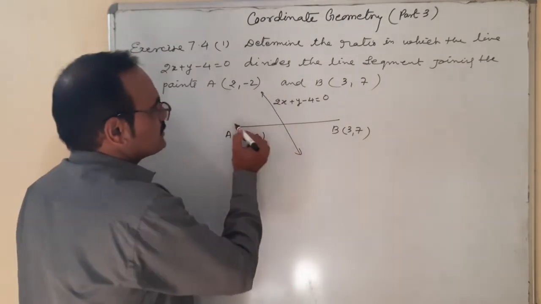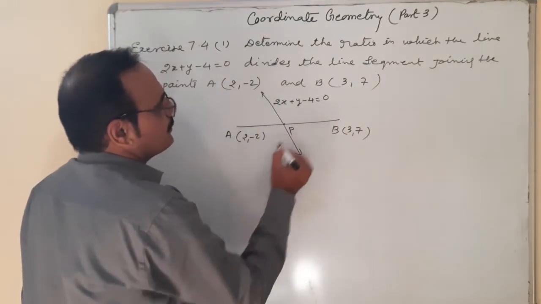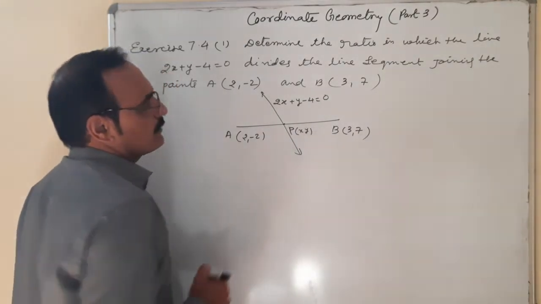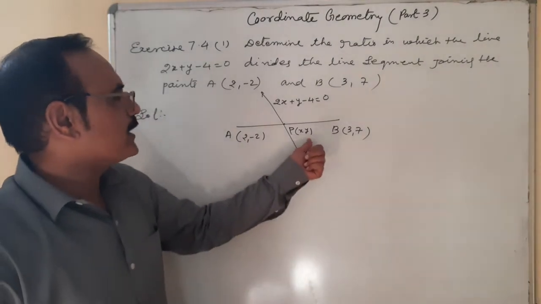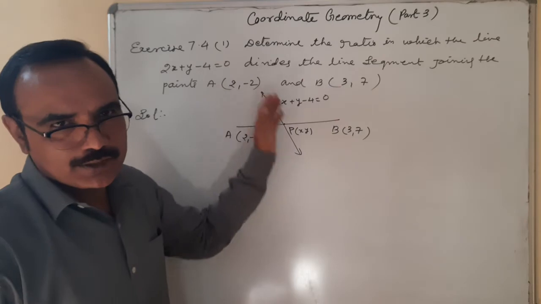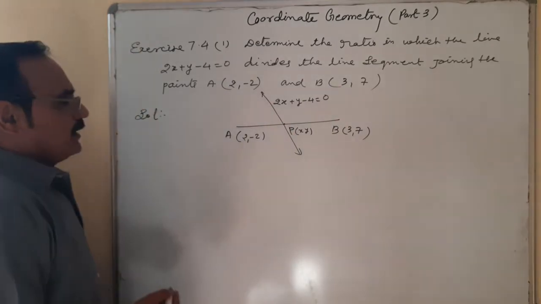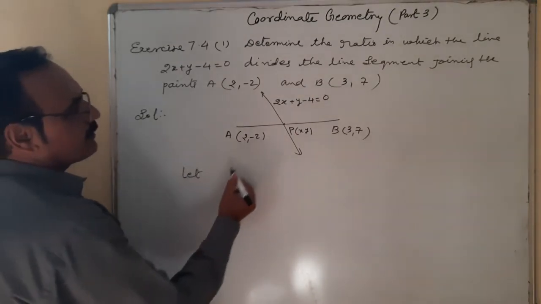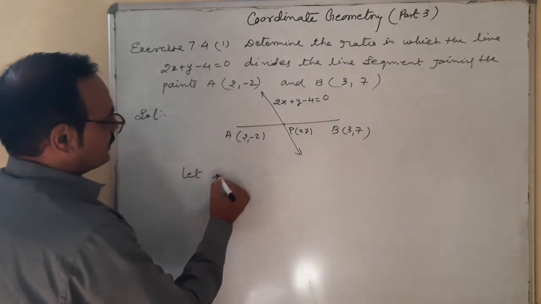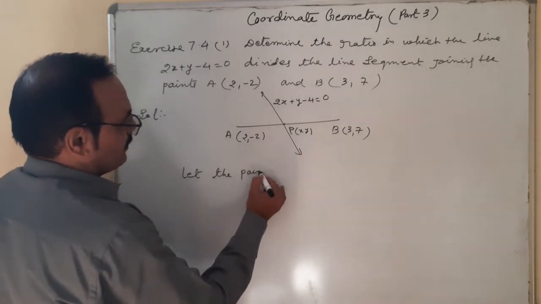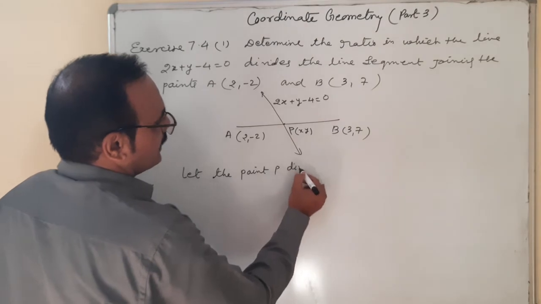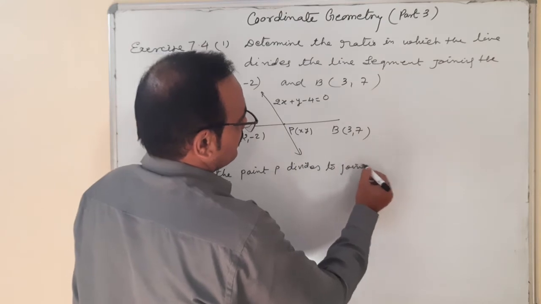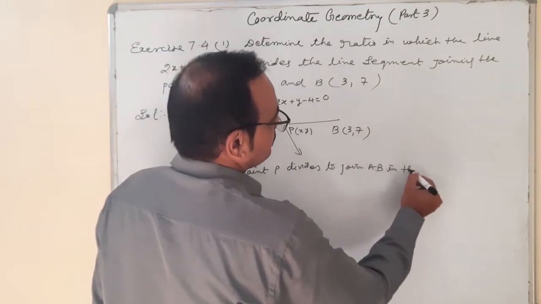Okay, suppose this line is intersecting at this point, let the point be P. Okay, and I can consider the coordinates of P as (x, y), since the equation 2x plus y minus 4 is equal to 0 will be satisfied. Okay, and finding the ratio, so I'll consider let the point P divide AB in the ratio.